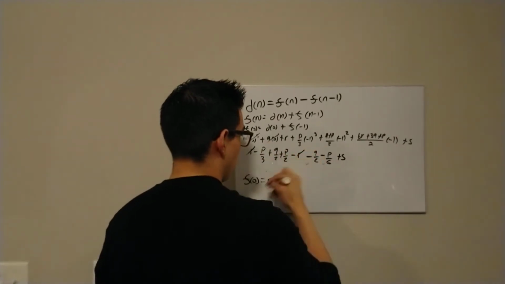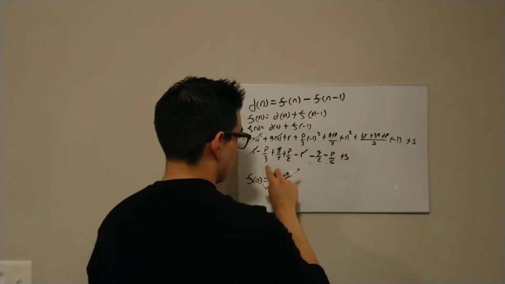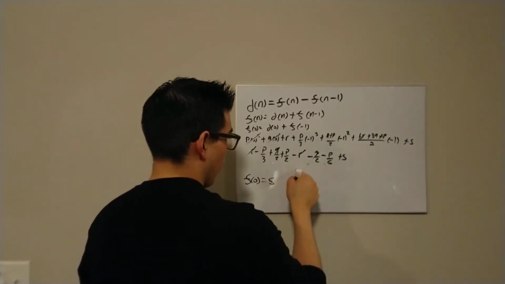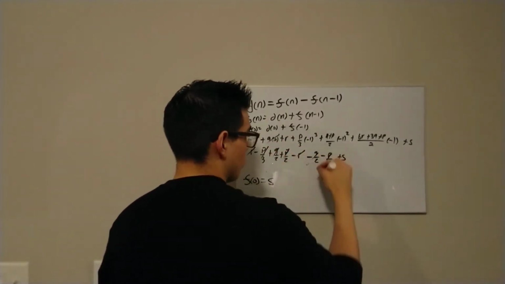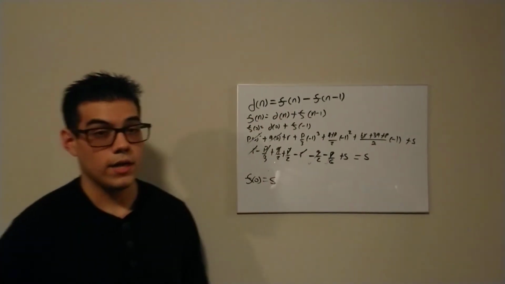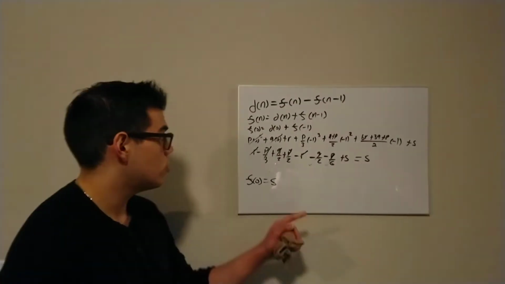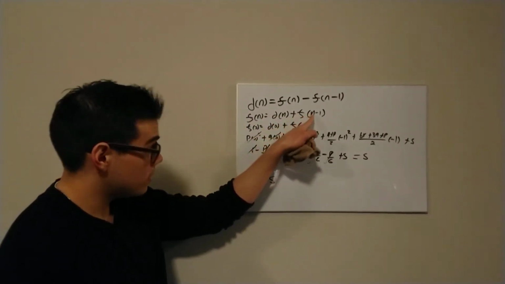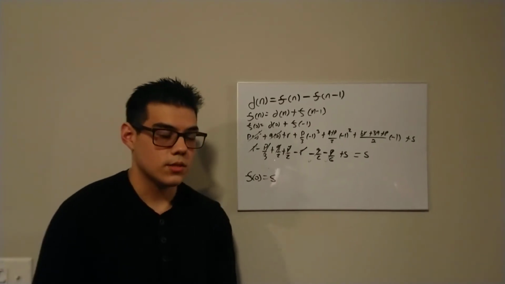So the r's cancel out, those q's cancel out, and then a third and a sixth comes out to a negative 1/2, and we have a positive 1/2. So those cancel out, and this is equal to just s. So the left hand and the right hand side of the base case both come out to f(0) equals s. So d(0) plus f(-1) also comes out to s.